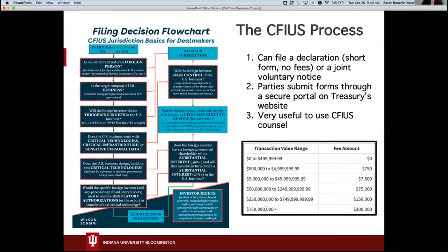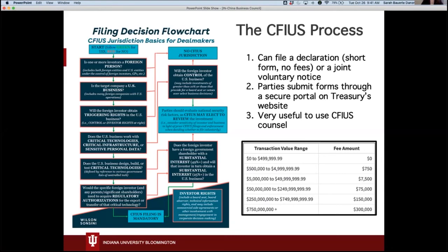So some companies may worry that that's going to take a long time, going to make it harder to get to yes on their transaction, and so may decide to move through a declarations process, which is a shorter process, a shorter form. It's a 30-day process, and it's free.